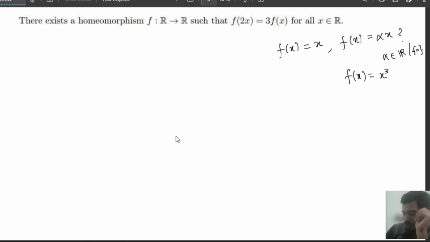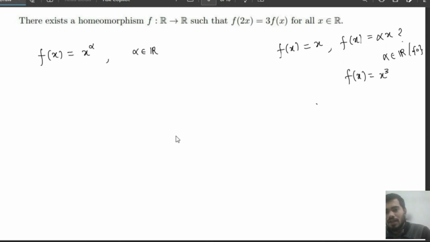To have an idea, let us begin with something like x raised to alpha. Will that be fine? Now let's apply this condition and see if we manage to get something.